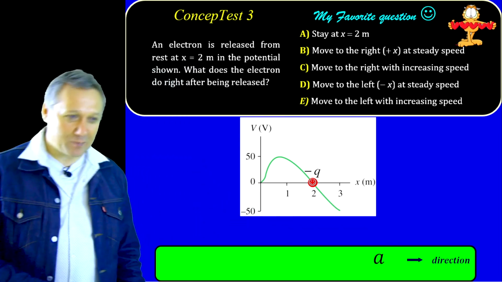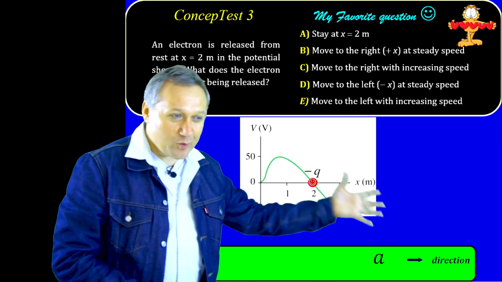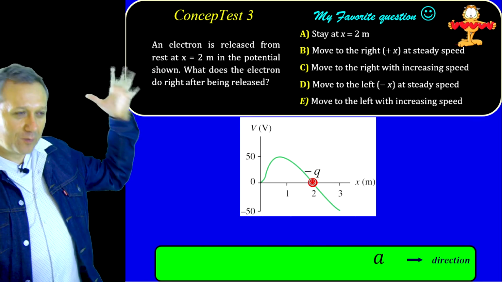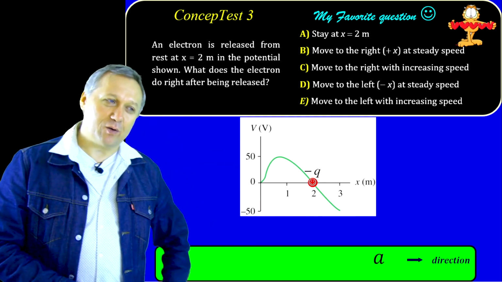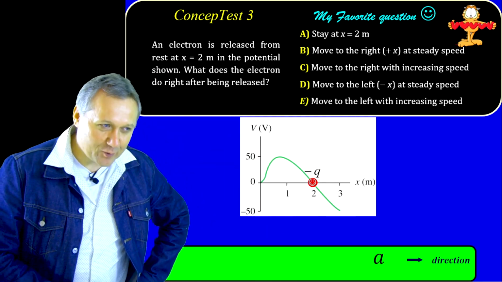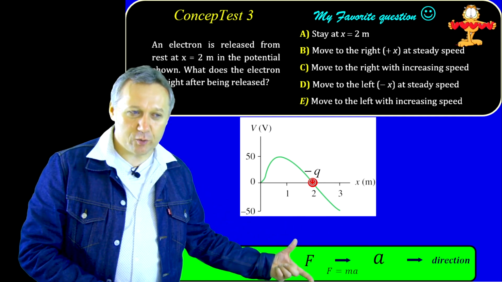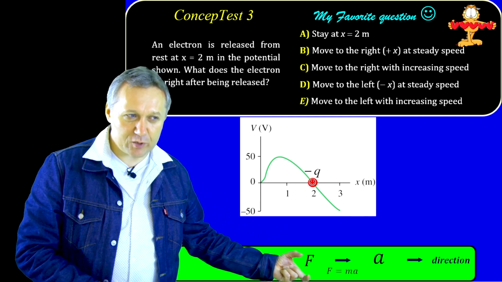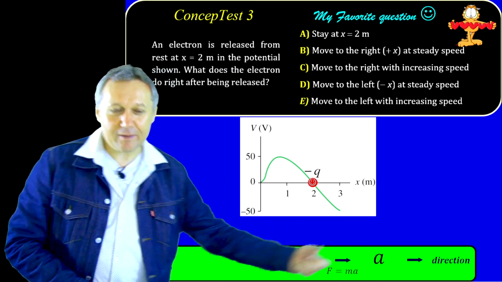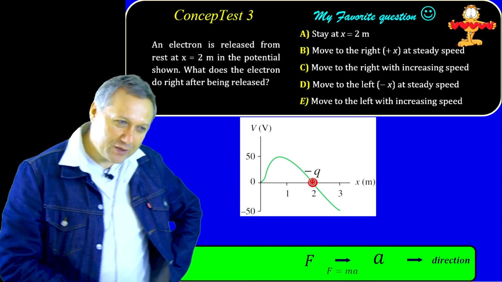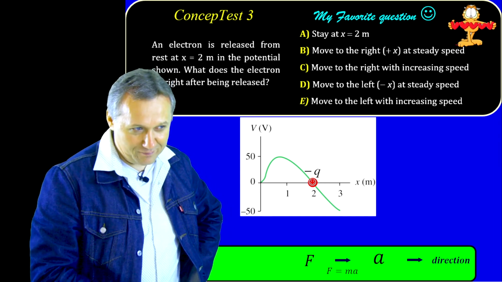Okay, so now, next step. In order to get information about acceleration, what do we have to know? We need to know something about force, in this case, electric force, and we can use Newton's second law to move from force to acceleration. Now, what do we need in order to get the electric force?